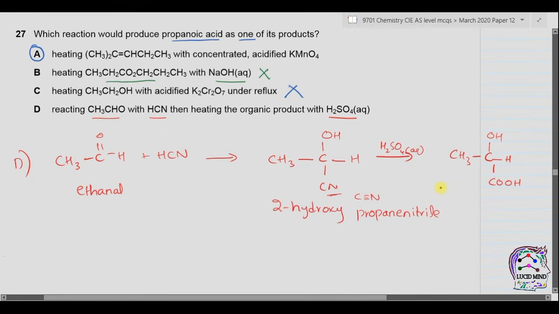What happens to the nitrogen atom is that it forms ammonium sulfate with sulfuric acid. So none of the products is propanoic acid. The name of this compound is 2-hydroxypropanoic acid.